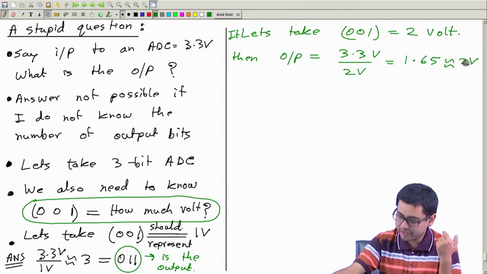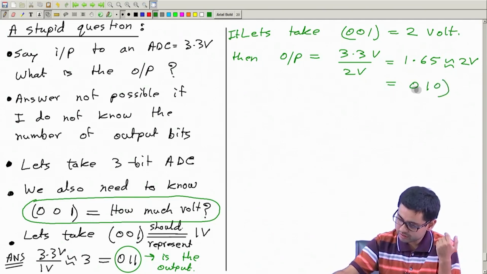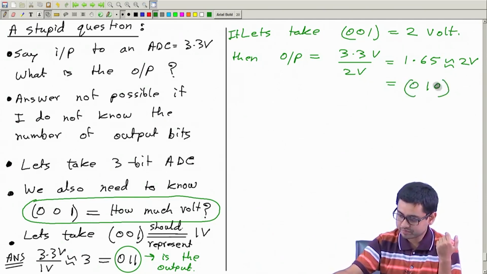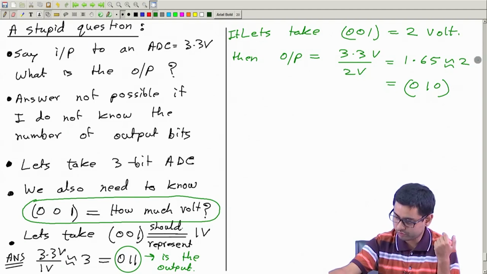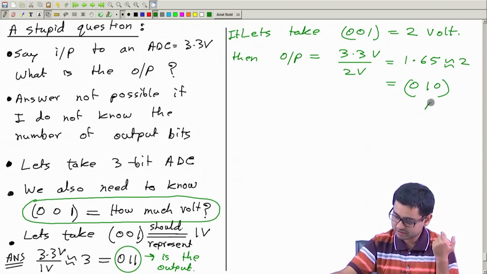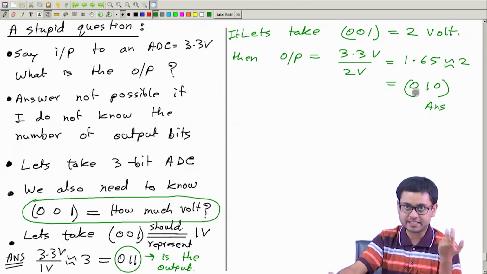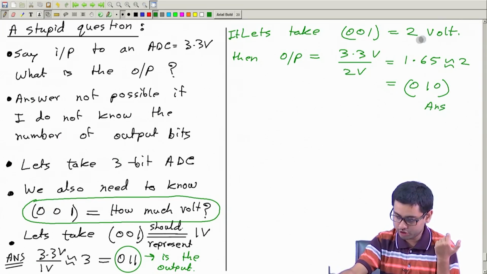So I may then say, okay, this will be equivalent to 0, 1, 0 in binary. So if I just change this, the answer changes, and this is called the resolution.